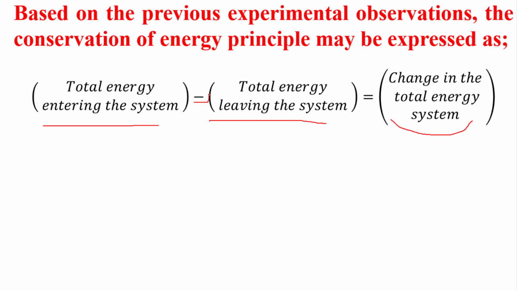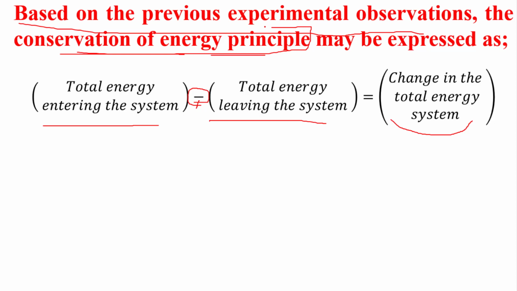This minus sign will assure that everything is according to our sign convention. I will explain it in more detail in the coming slide. So based on the previous experimental observation, the conservation of energy principle, or what we call the first law of thermodynamics.